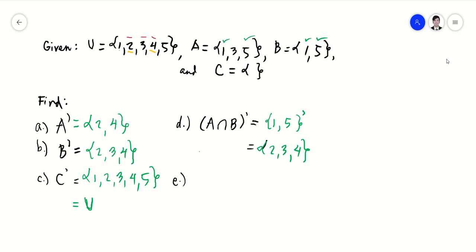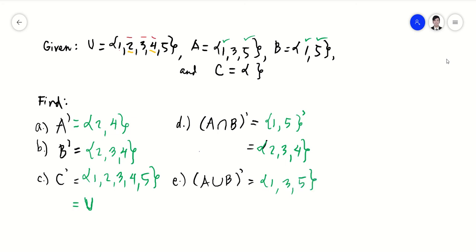Okay, let's have another one. What if the given this time is to find the complement of the union of A and B? When we say union of A and B, we're putting them together in one set. So this will become 1, next is 3, and then 5.